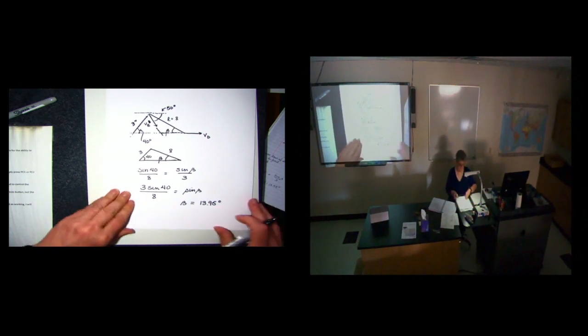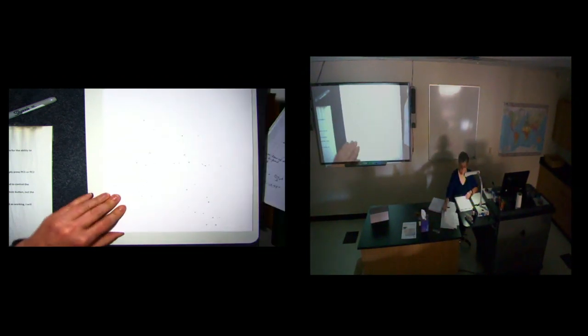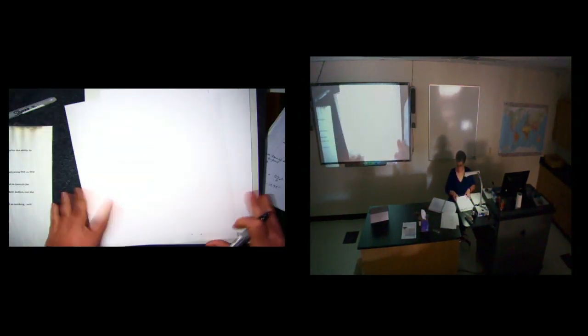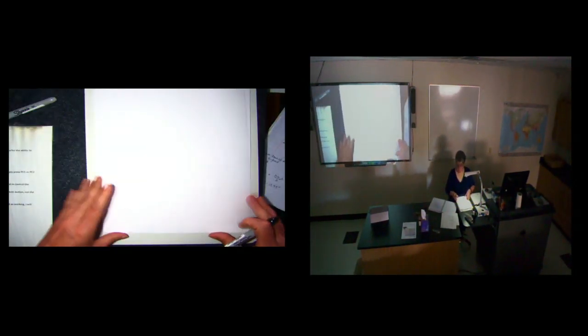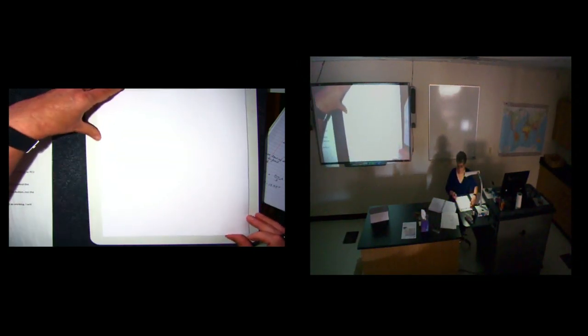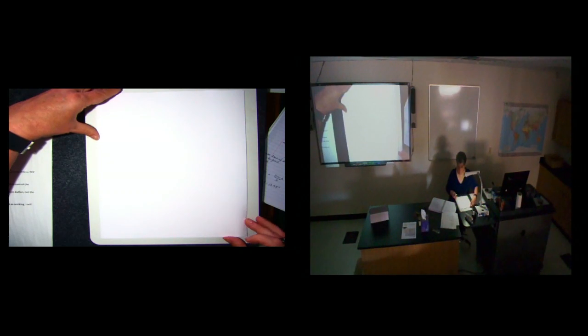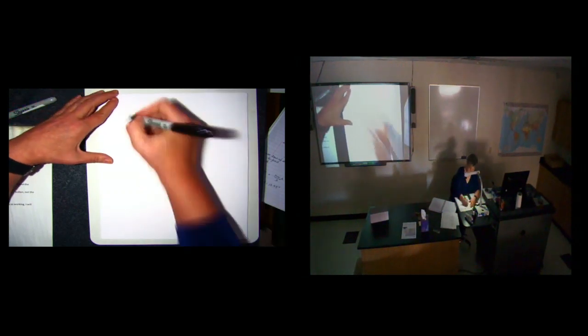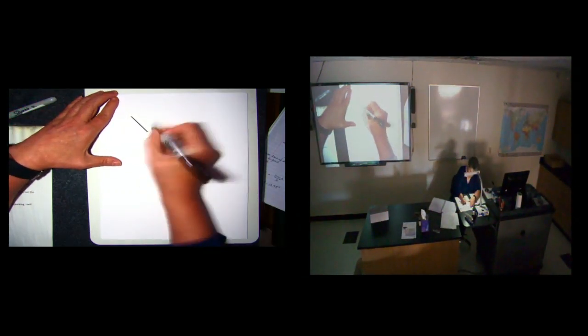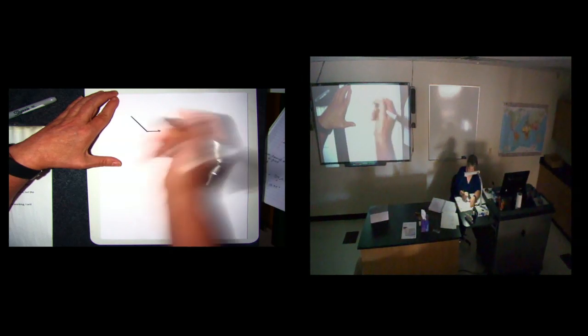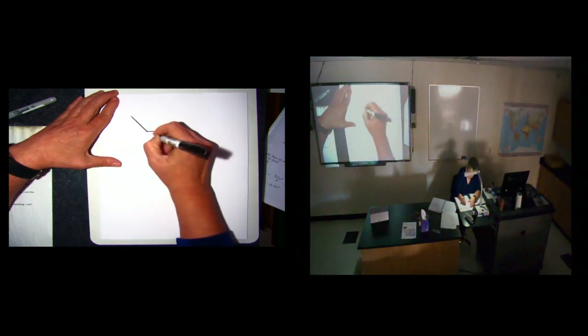I'm going to take my vector VB, okay, so I'm just going to do a vector triangle here, all right? I'm going to do my vector VD. So this is VB, this is VD, which means that I'm going to have my vector that I'm looking for, vector DB. So I have a force triangle that kind of looks like this.